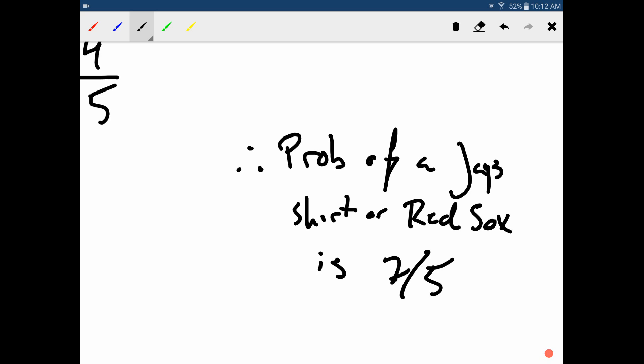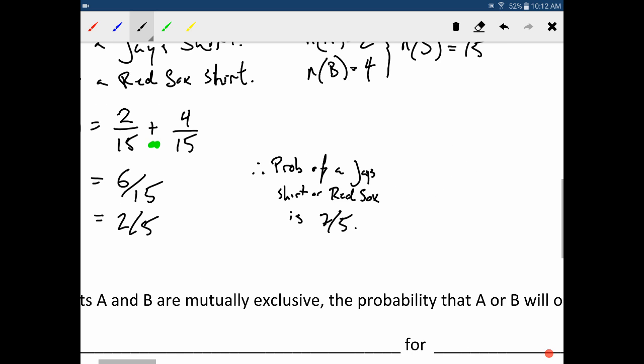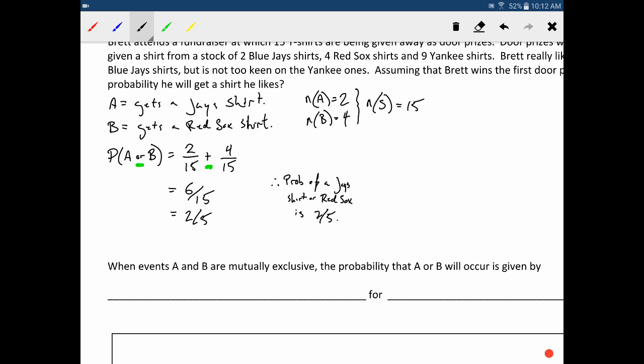So we can come up with a rule to define this.